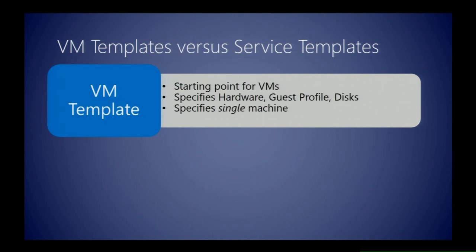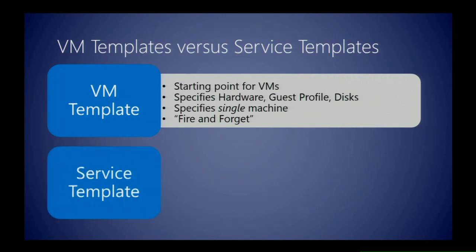You're specifying just a single VM, and we refer to it as this fire and forget method. You spin up the virtual machine, everything's done, you've got a virtual machine. Now, any further things that you need to do to the virtual machine, you're then going to connect to it, bring up the console, whether that's RDP or through the console, and make your configurations there.